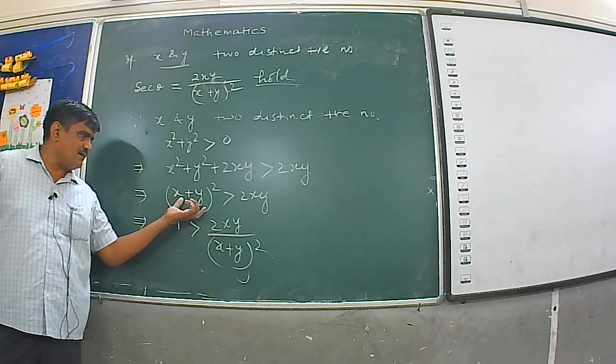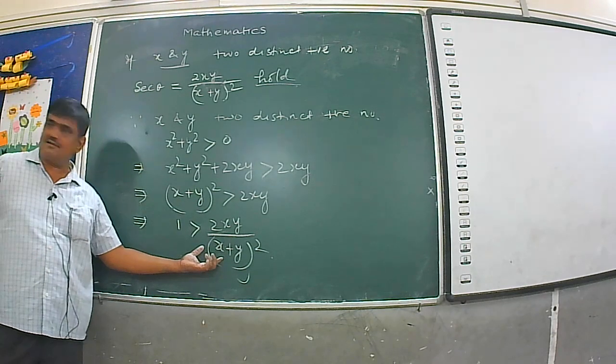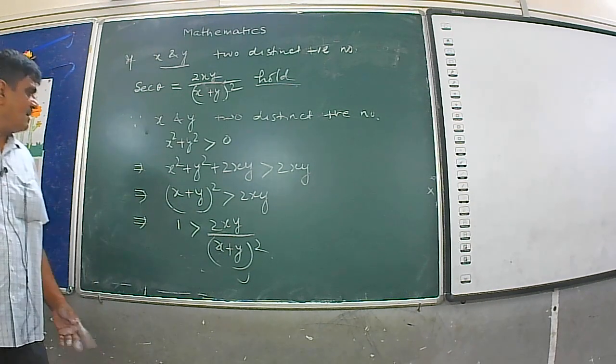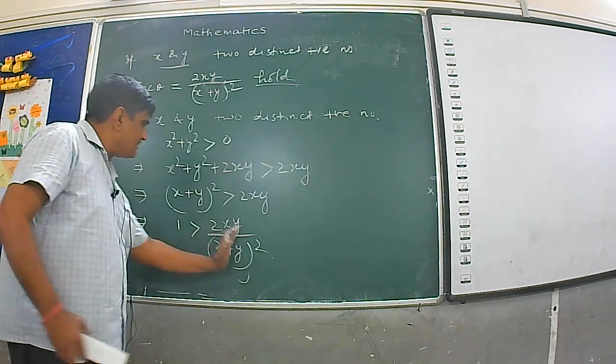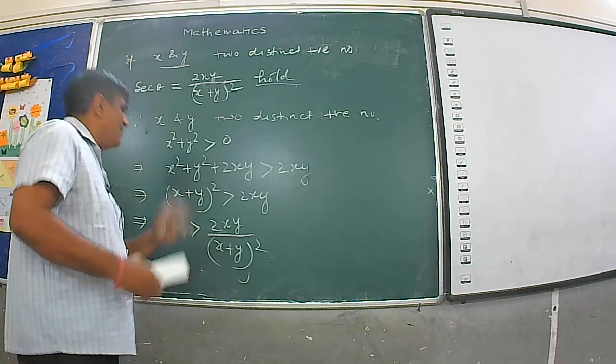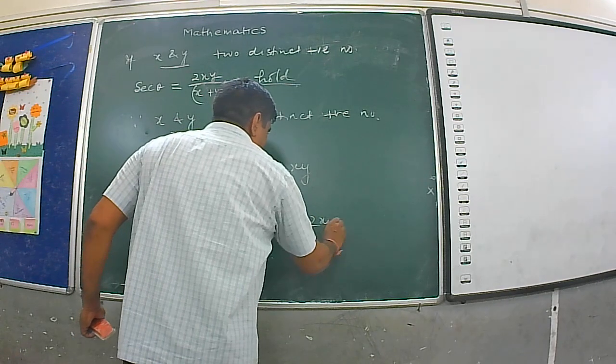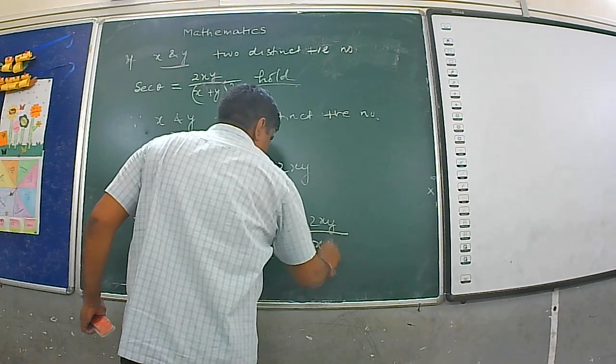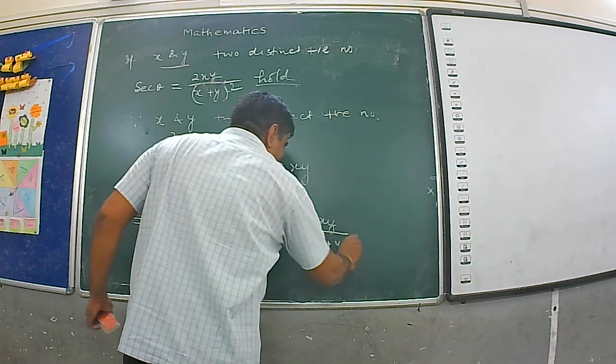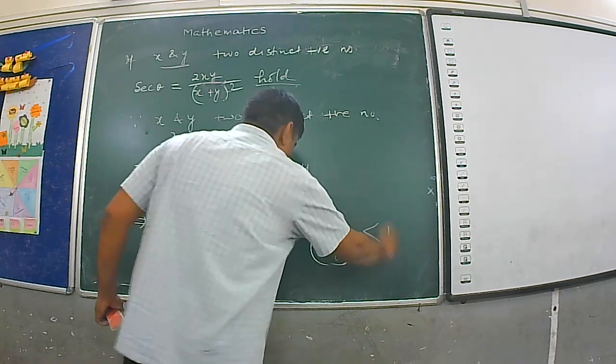If it is not a perfect square, then this is not possible. If 1 is greater than this, or this is less than 1, this implies that 2xy by x plus y whole square is less than 1.